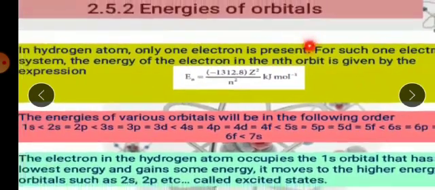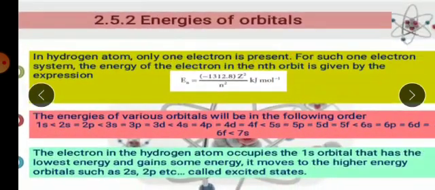Now, how do the energies occur for the shells? If you take the 1s orbital, the first shell has only one subshell, and it must have the least or lowest energy. The second shell has how many subshells? 2s and 2p. Third shell: 3s, 3p, 3d. Fourth shell: 4s, 4p, 4d, 4f.